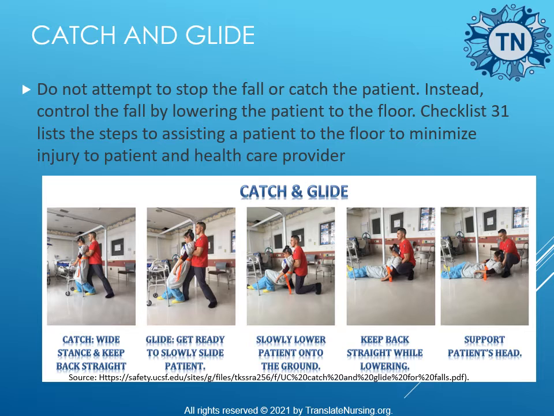Picture number 2 shows how we can glide the patient. Get ready to slide the patient down. Picture number 3 shows how we slowly lower the patient to the ground. Picture number 4 shows how we keep our back straight while we are lowering the patient. And the last picture shows how we can support the patient's head so the patient's head doesn't hit the floor.